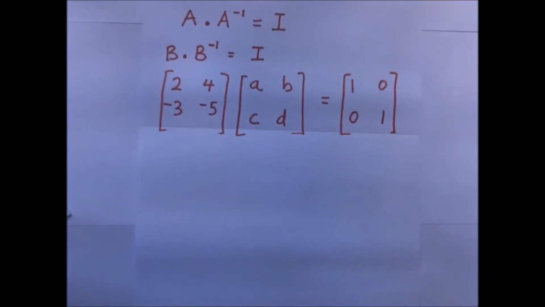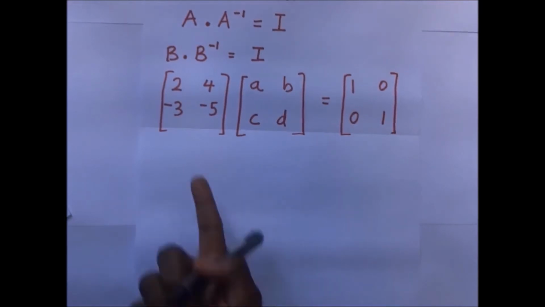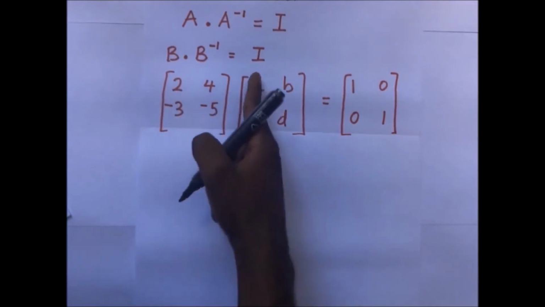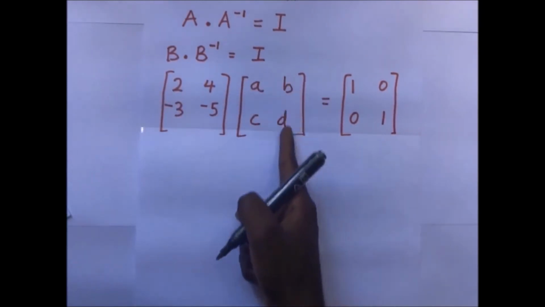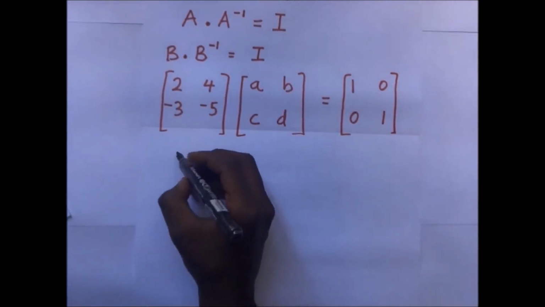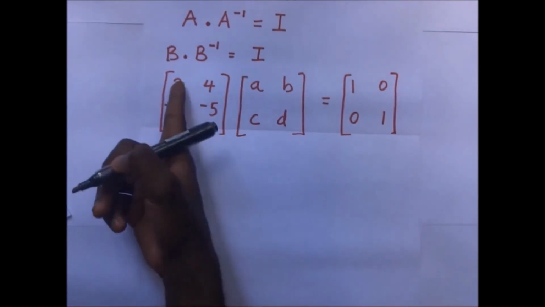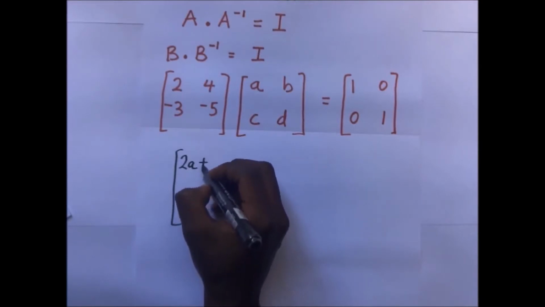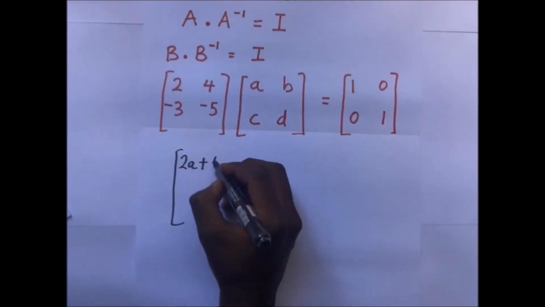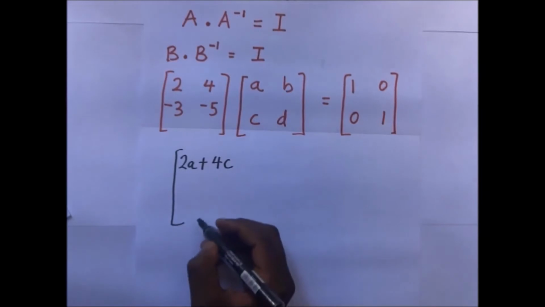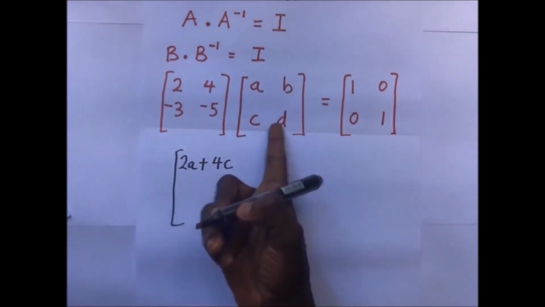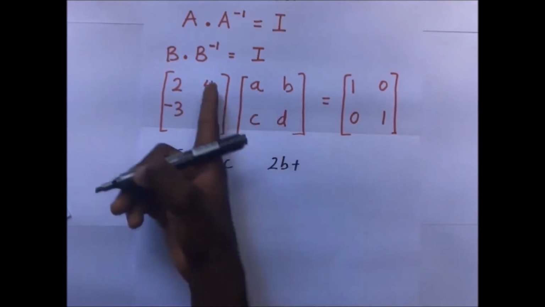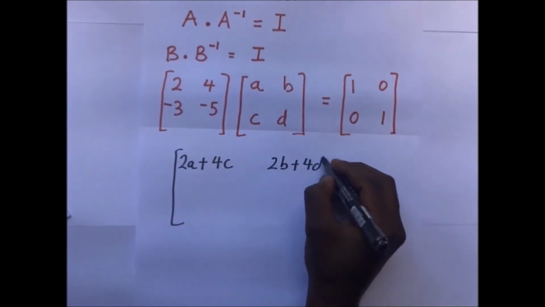Here we are going to use matrix multiplication. We are multiplying this row by that column, then this row by that column, then this row by that column, then this row by that column. So it's going to be 2 times A, which is 2A, plus 4 times C, which is 4C. Then this row by that column: 2 times B, which is 2B, plus 4 times D, which is 4D.